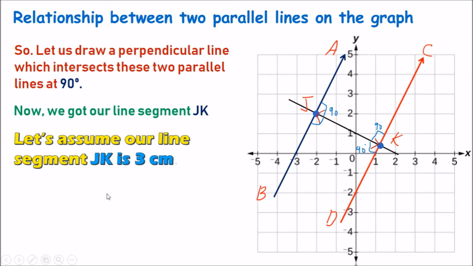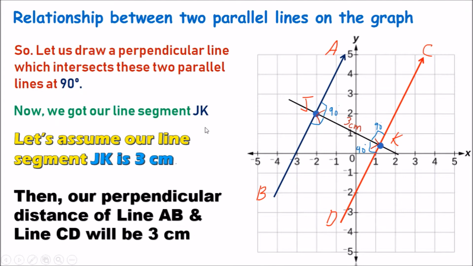Now let us assume that our line segment JK is 3 centimeters long. So we can say that the perpendicular distance of line AB and line CD, which are two parallel lines, is 3 centimeters.